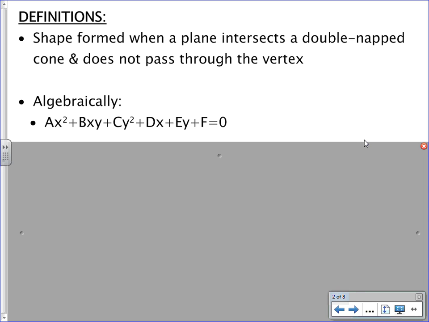Now, each conic section is going to have a geometric definition. You are familiar with a couple of these conic sections. The first one you're familiar with is a circle. You graph them in geometry. Yes? What is the geometric definition of a circle?